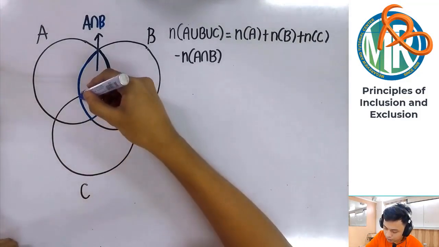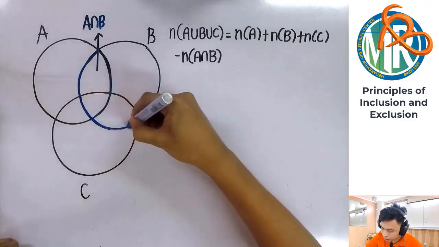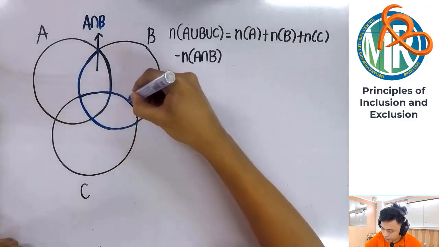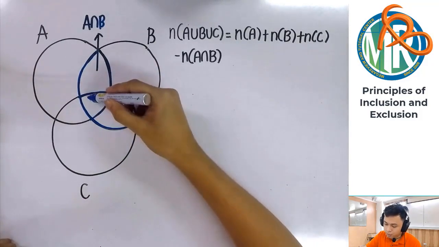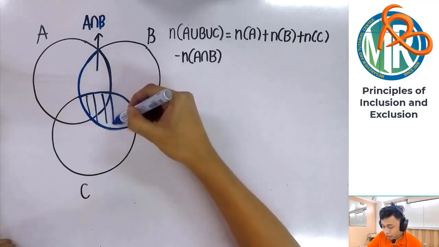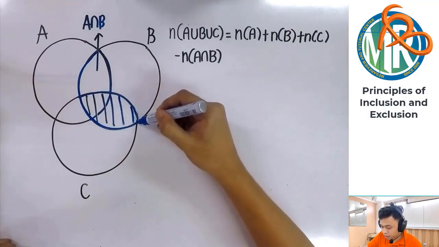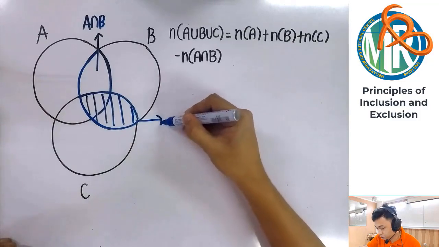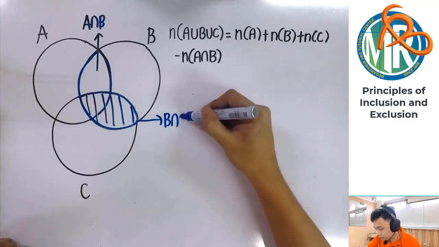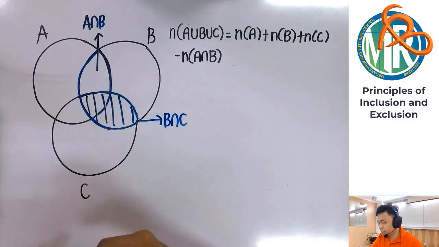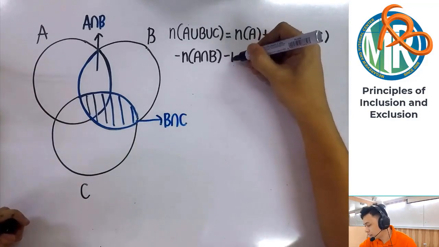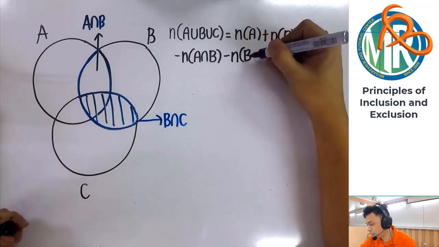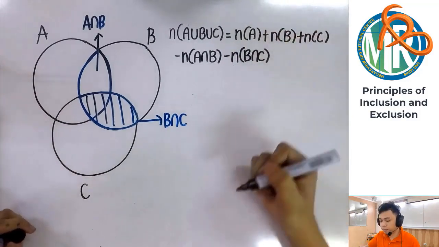So ibawas naman natin, o unahin natin itong area na to, kung saan makikita natin, this represents, ano ba? Itong area na to, this represents the intersection of B and C. So ibawas natin ito, this will be minus N of B intersection C.